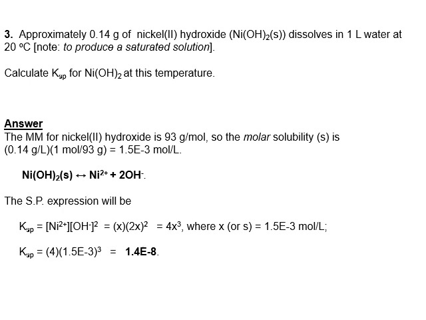It's 1.5 times 10 to the minus 3rd moles per liter. So just put that in for X. Substitute in 1.5 times 10 to the minus 3rd moles per liter for X, raise that to the 3rd power, and then multiply by 4, and you get 1.4 times 10 to the minus 8th, which is your KSP value. Next slide.